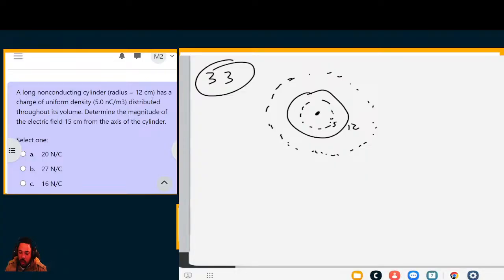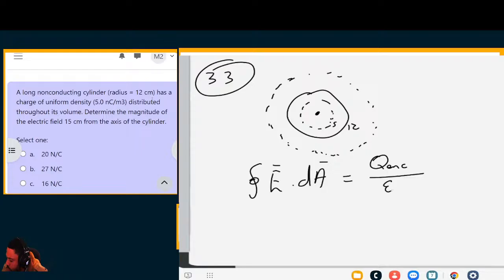So how do we calculate the electric field due to an enclosed charge? Remember, this circle is now enclosing this charge. If a charge is enclosed, we use, of course, and this is how we got the previous formula, Gauss's law. You guys know Gauss's law by now. It states that the closed integral of the electric field dotted with the area vector is equal to the enclosed charge divided by E naught.